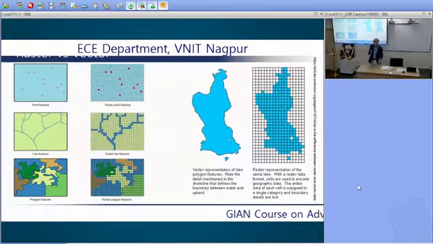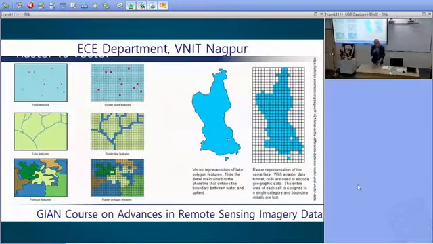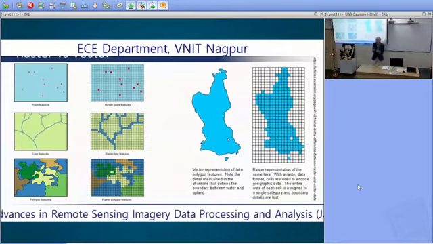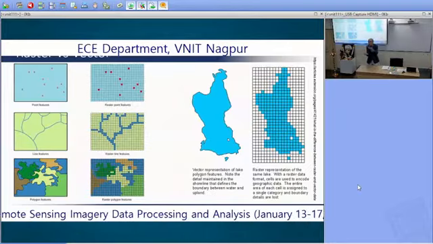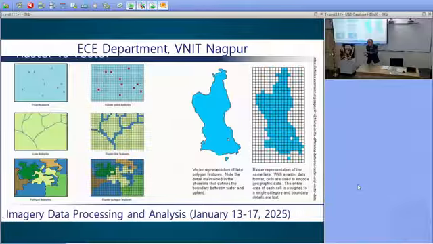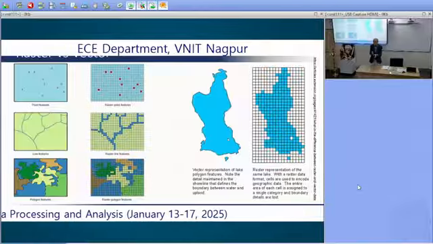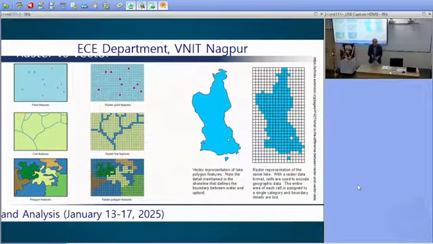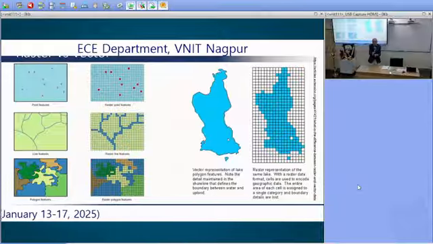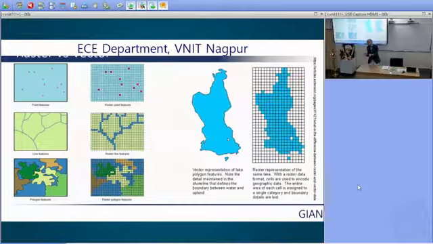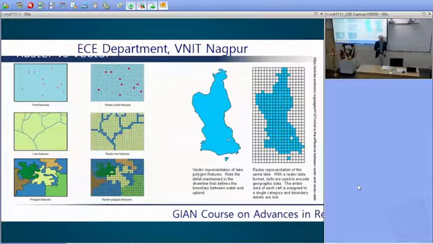Okay, so there's no third way in between, either here or there. So this leads to the generation of an error when I have to convert vector data into raster data. Because if it's in between, I have to make a choice. And if I put it here, I'm adding this error. If I put it here, I'm adding this error. And there's no way to make it zero.